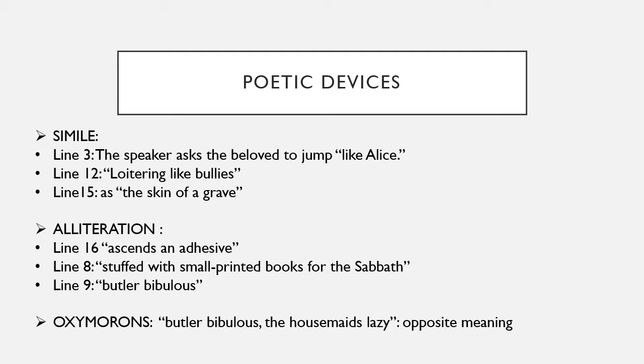Coming on to the poetic devices, now these are also important. The first poetic device is the use of simile. Simile, as we all know, is a kind of comparison, but it is different from a metaphor because the poet uses words like and as. These words are important. Only then we call a comparison a simile.